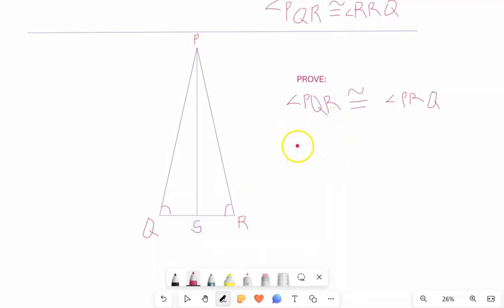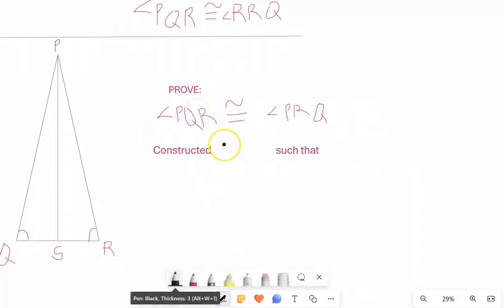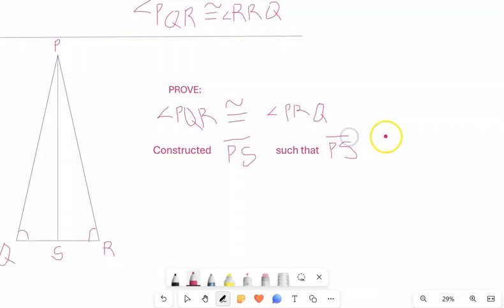And we're going to write out something about this constructed line. On ours, we constructed a segment PS, as shown there, such that PS is perpendicular to segment QR.